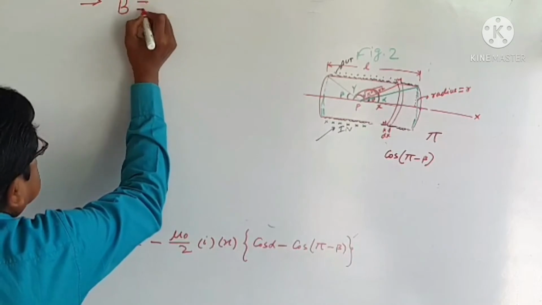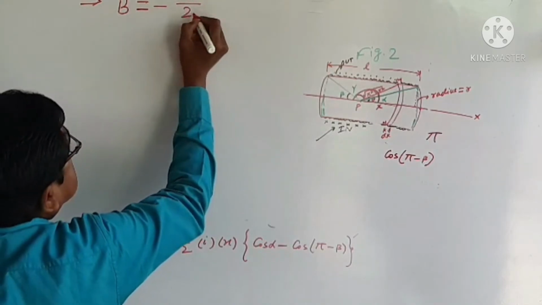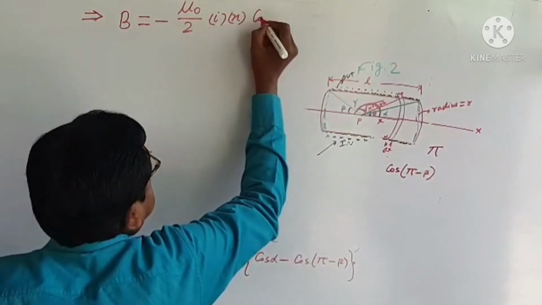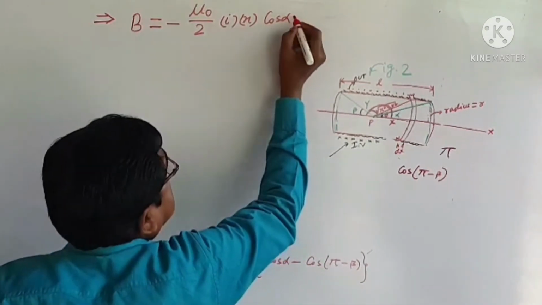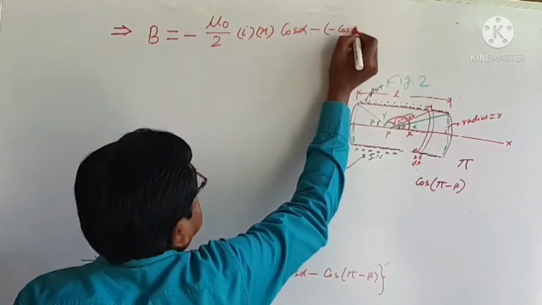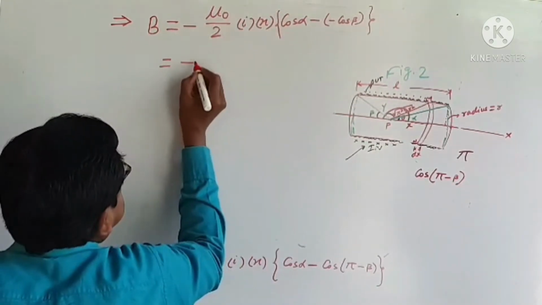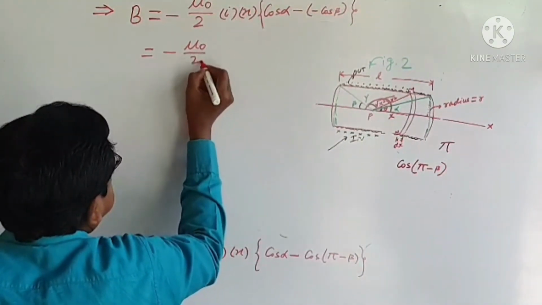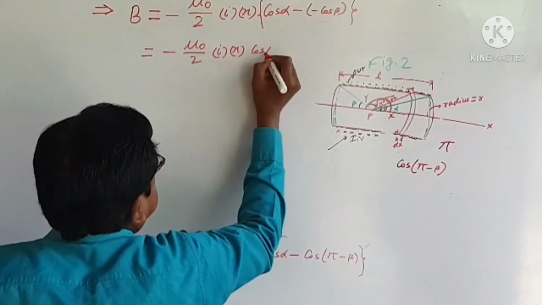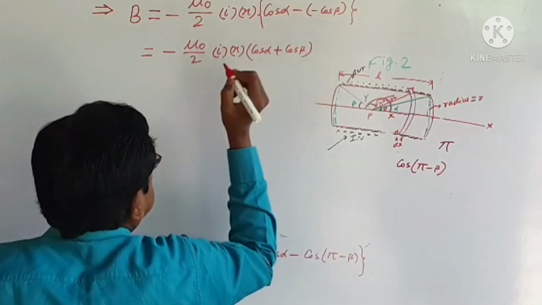Now, B is equal to minus mu naught over 2 I n times cosine of alpha minus minus cosine of beta, which is equal to minus mu naught upon 2 I n times cosine of alpha plus cosine of beta. Okay.